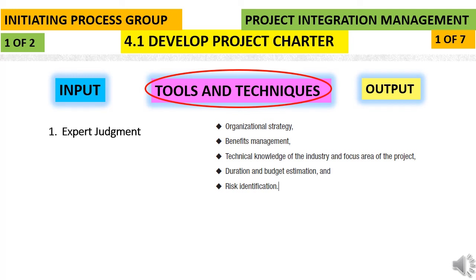That means when I say someone is an expert in a specific line of business or for this project, I should see what is his knowledge level and what kind of trainings he has undergone with respect to the strategic decisions and with respect to benefit management, technical knowledge, estimations, and on the risk management.